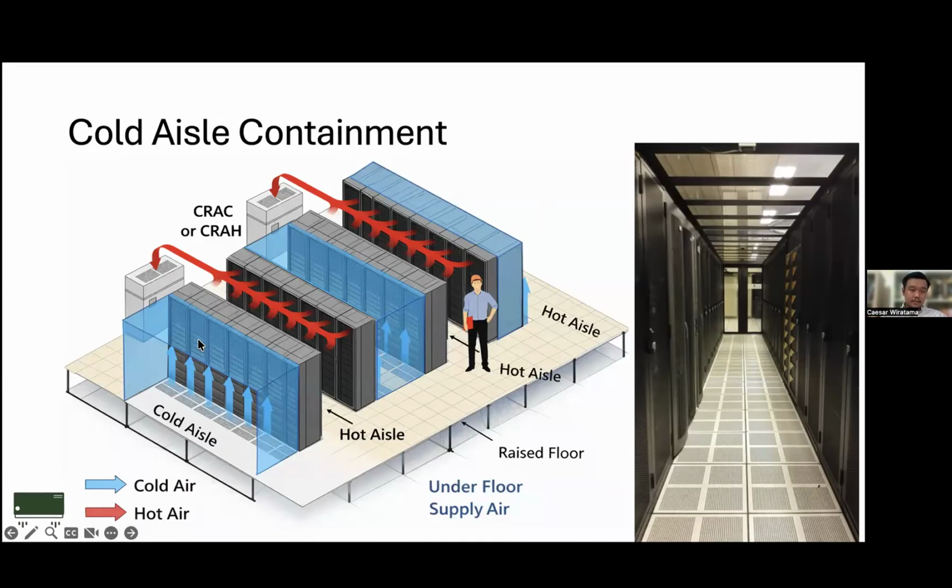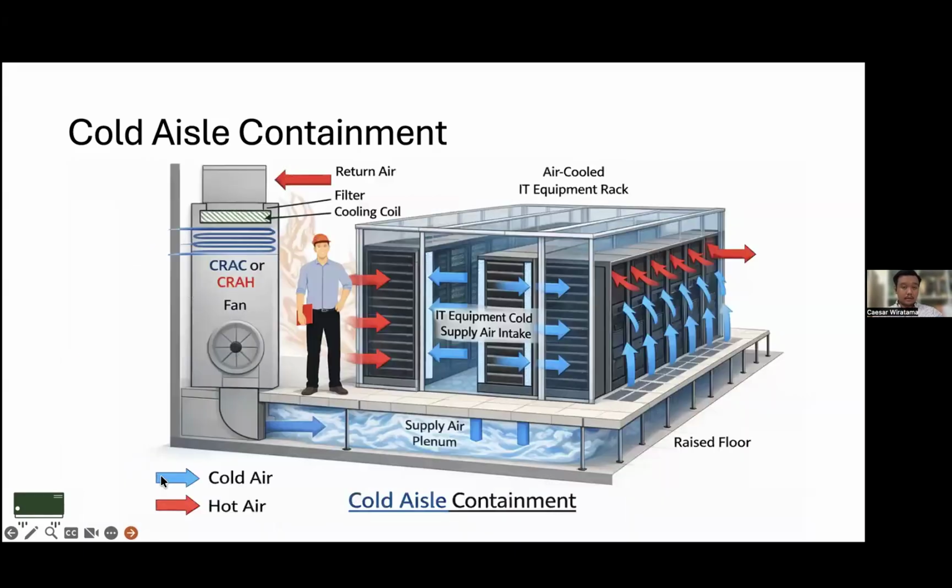And yeah, this is the cold aisle containment. And this is maybe the detailed diagram to explain how it works. It's just basically from your system, CRAC or CRAH, with the fans blowing down here, and we contain the cold aisle to prevent it from recirculating back.